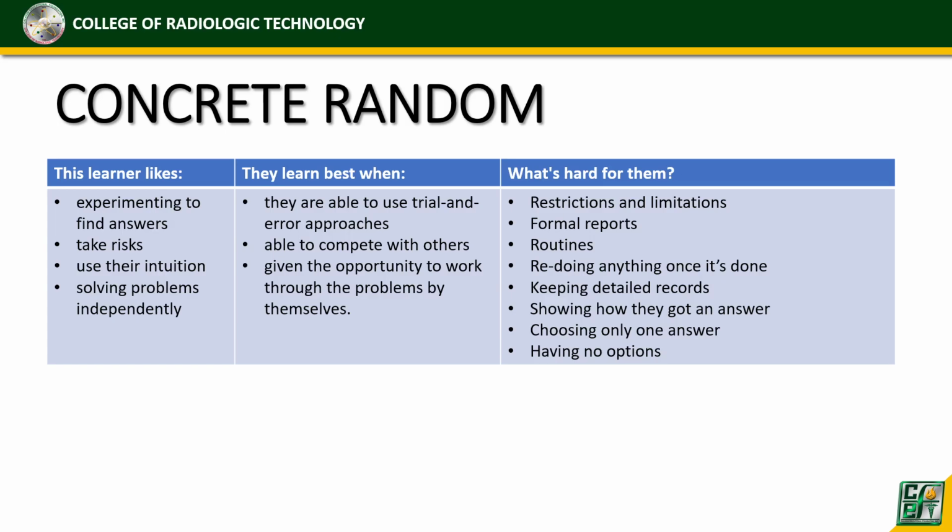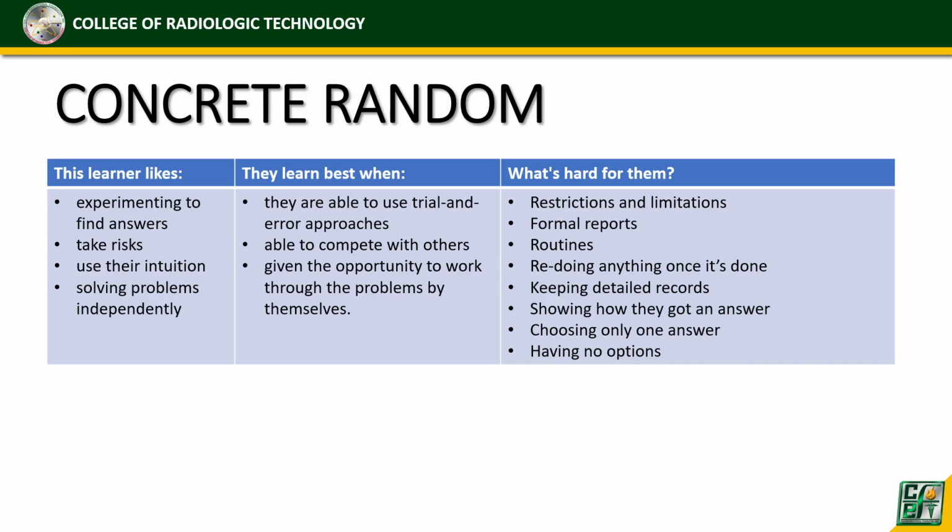Then keeping detailed records. Ayaw nga niya ng, nahirapan nga siya sa formal reports, di ba? May detailed records pa. Then showing how they got the answer. Ang mahalaga, nakuha niya yung sagot. Diba? Or napatunayan niya na tama yung sagot niya.